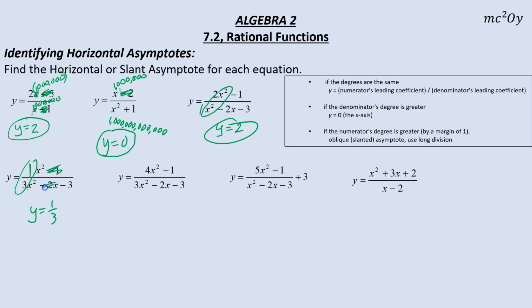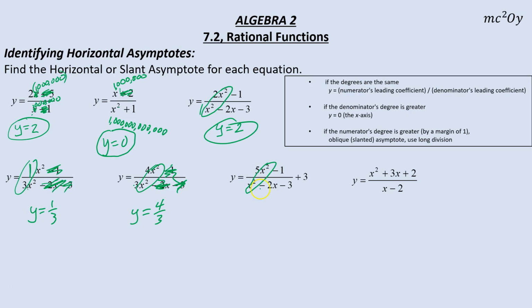And remember, these things don't matter. Even though there's an x here, that'd be like 3 trillion minus 2 million. Not that big of a deal, so we just ignore that. Notice degrees are the same. We just take 4 and divide it by 3. So y equals 4/3. We ignore these things.